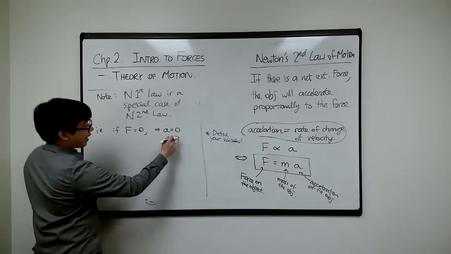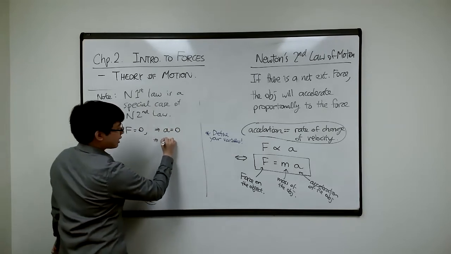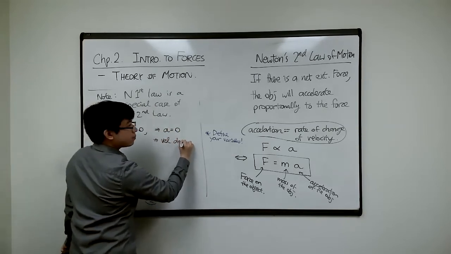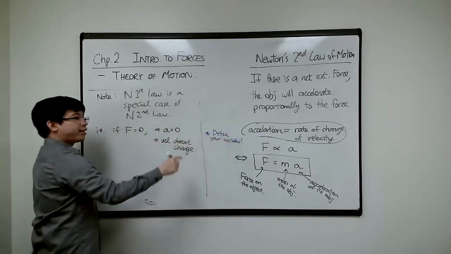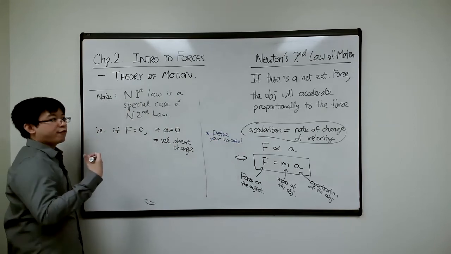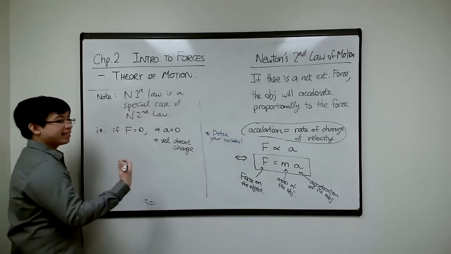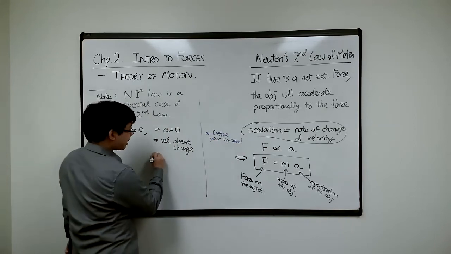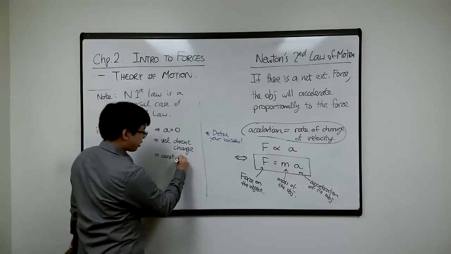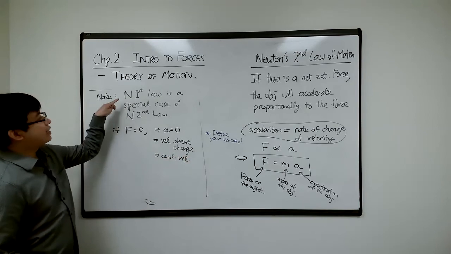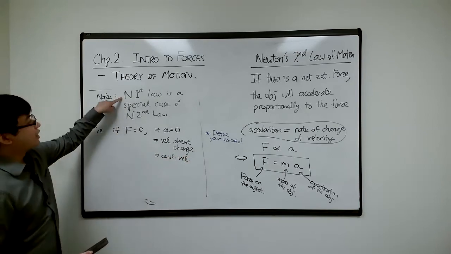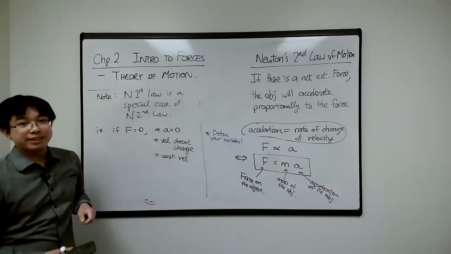Then if A is 0, that means the velocity doesn't change, because acceleration is how fast the velocity changes. So if the velocity doesn't change, that just means it's constant velocity. As you can see, I can almost derive or deduce Newton's first law out of Newton's second law.